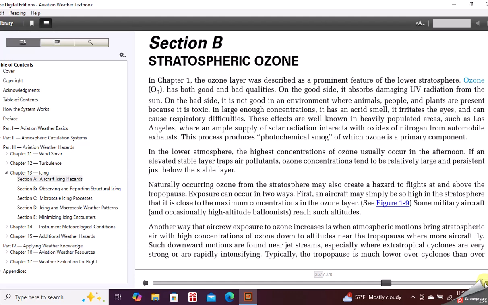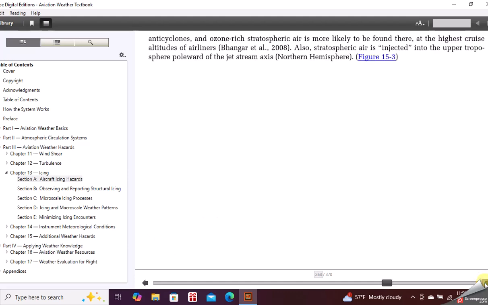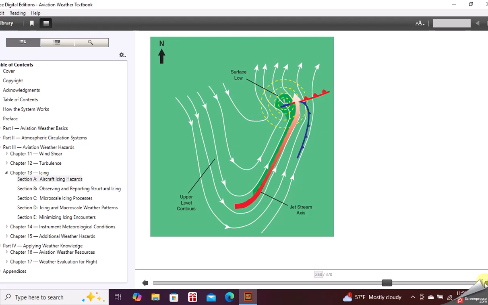The ozone layer. Ozone is bad for our health, and the ozone layer is higher up in the stratosphere. So if you, for some reason, are flying in the stratosphere, and many aircraft do, think about it. If you have a strong low coming down, developing here, near that low the troposphere is going to drop down lower.